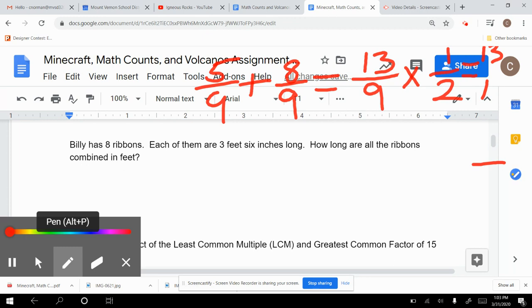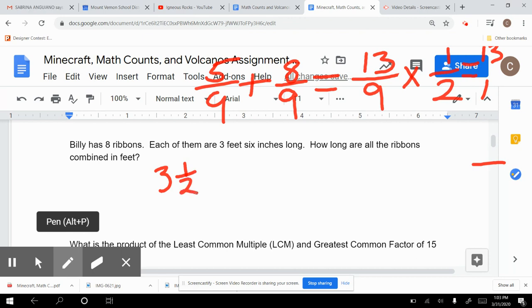If I have one ribbon that's 3.5 feet long, because 6 inches is half a foot, and I'm just assuming that we can make that conversion from 3 feet 6 inches to 3.5 feet.